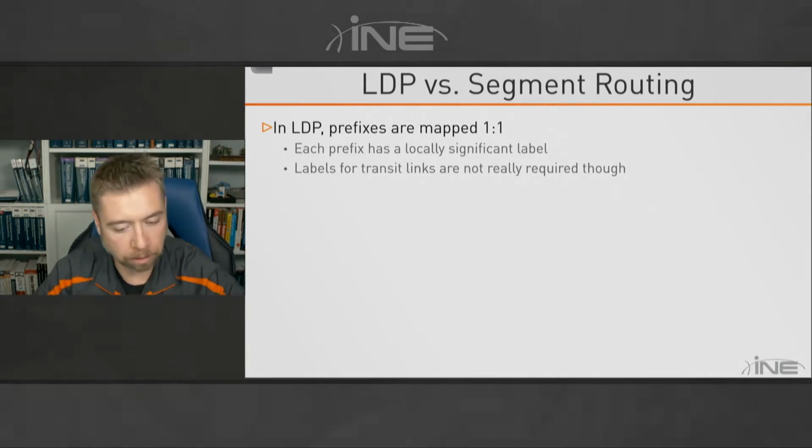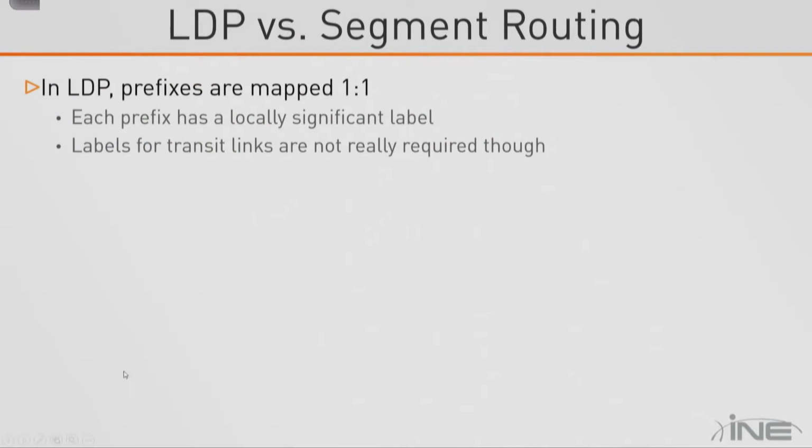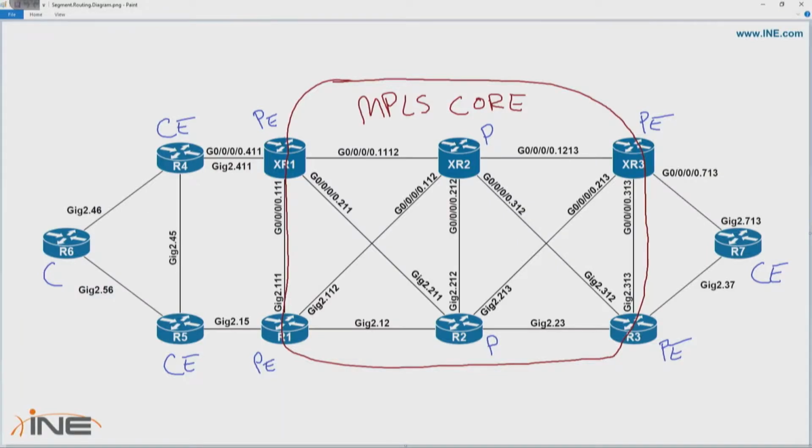Okay, and let's take a look at our diagram here and try to visualize why this would be the case. In our examples, we're mainly going to be testing connectivity end-to-end from router 6 to router 7, where these are two different layer 3 VPN sites.